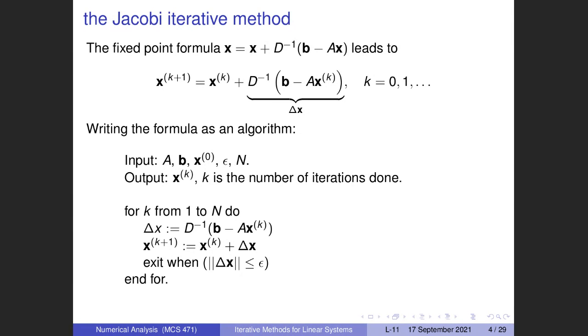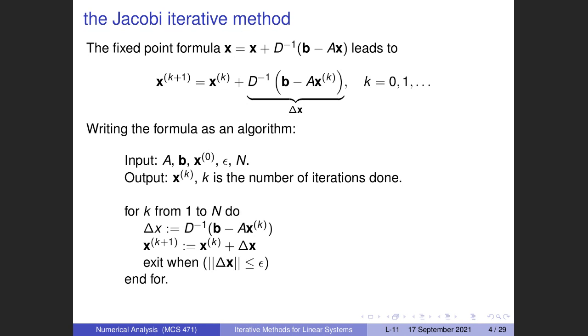So we are already somewhere close to a solution. So what we do is we check how close we are by computing the residual. And then we compute the update by dividing every component of that residual vector by the corresponding diagonal element. So that is the iterative formula here, that we apply in an algorithm.